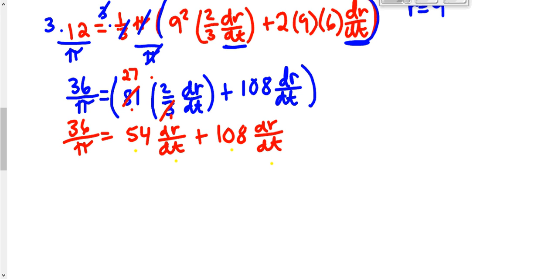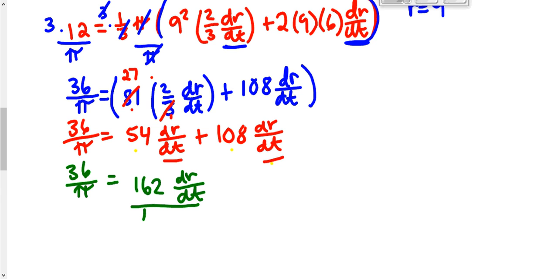Well, same thing here. dr/dt is just dr/dt. So we can add those together. If we add 54 and 108, we get 162 dr/dt. Over here, we still have 36 over pi. So we just need to divide both sides by 162. So this 162 is just going to join pi, dividing 36.